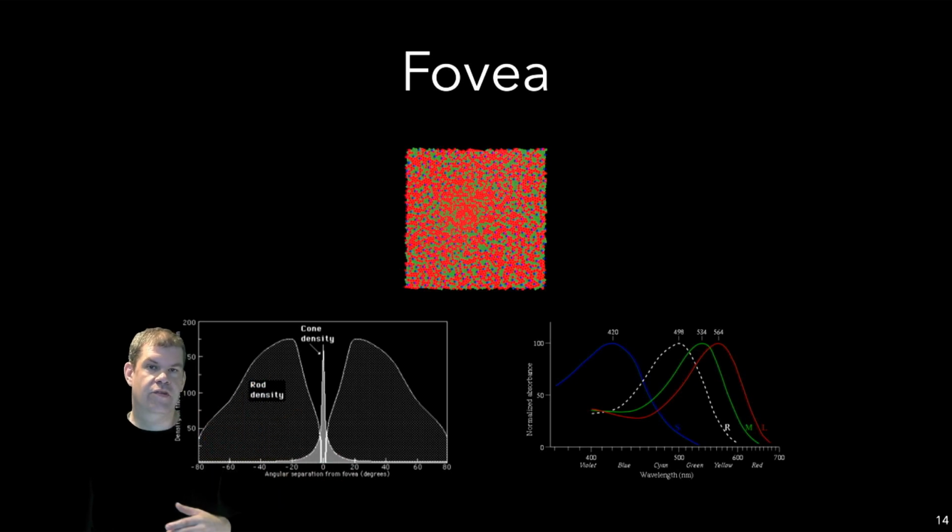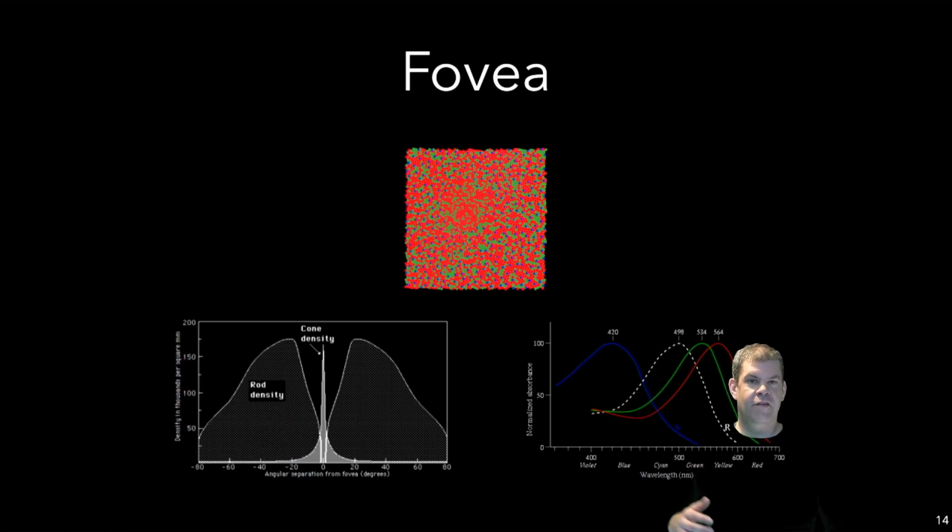This tells you that at nighttime, when you use rods, don't focus directly on something if you want to see it, because you have very few rods in the center. Those are all things for life that might be interesting.